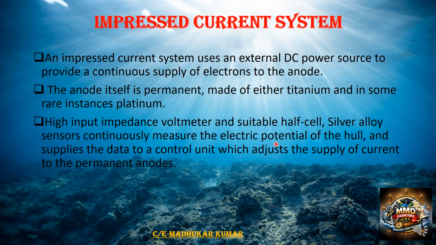When the vessel goes from seawater to dock water, seawater to fresh water, the speed and the draft will change. So this is measuring the exact requirement of the ship's hull potential, and then accordingly the controller will adjust the supply of current to the permanent anodes.